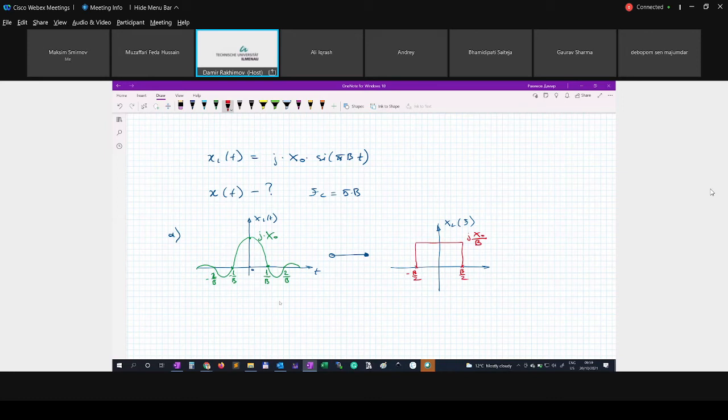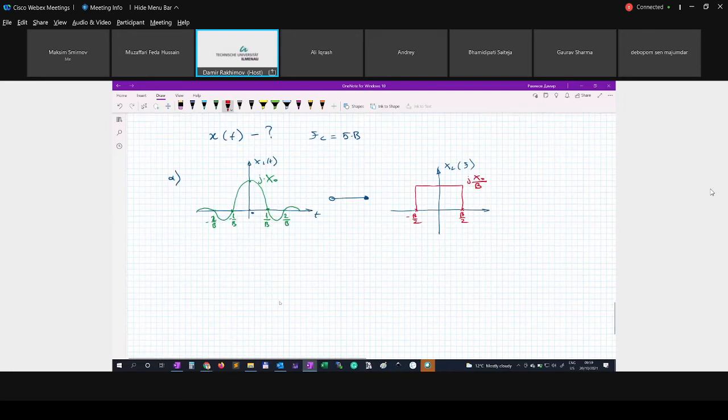Okay, great. Now we can write our function: xl of f can be written as 1 over b times jx0 times the rectangular pulse of f divided by b.